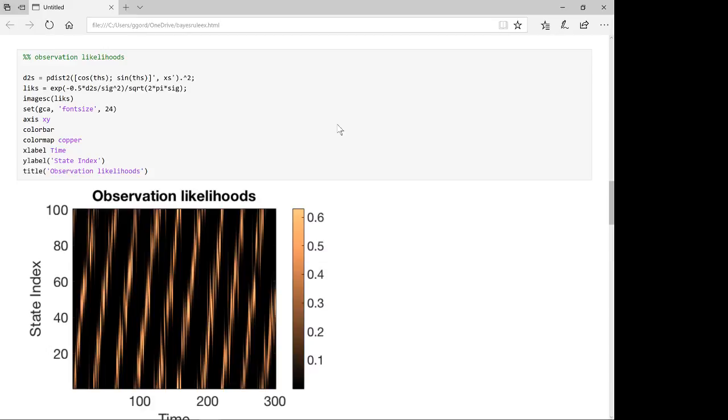The way we do that is exactly like I showed before. First we calculate P of y1 given x1. What I've shown here is, for all time steps, the probability of the observation we actually got given each possible state that we could have been in. For example, at time step 100, it looks like we got an observation where states in the range of like 10 to 15 are the most likely.